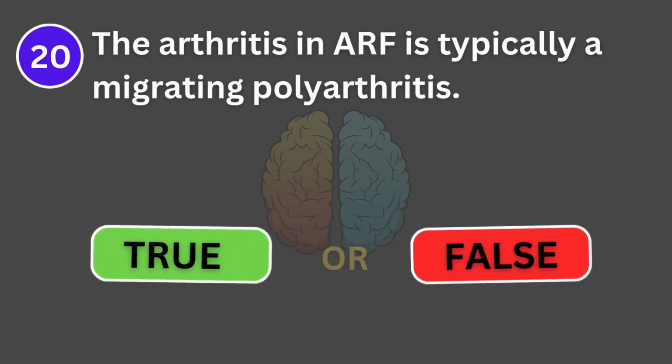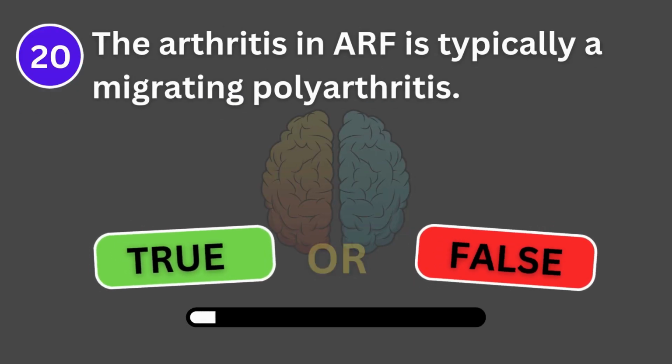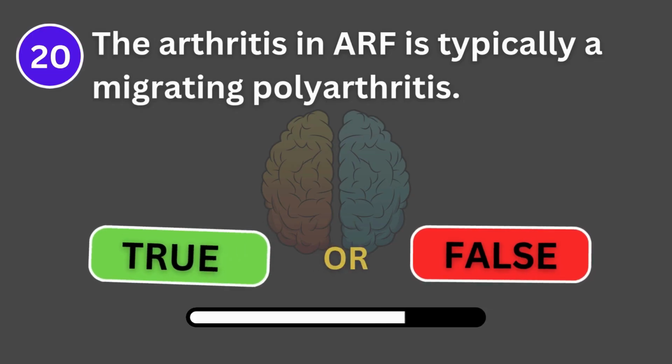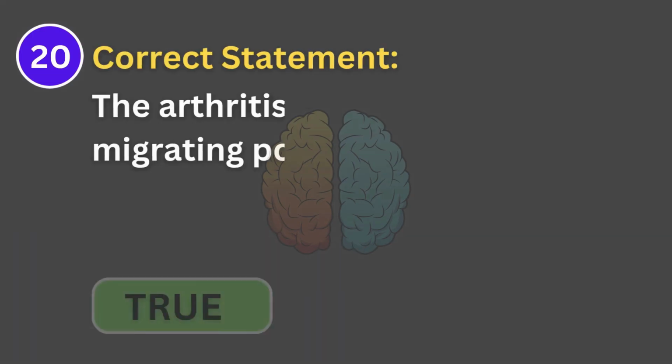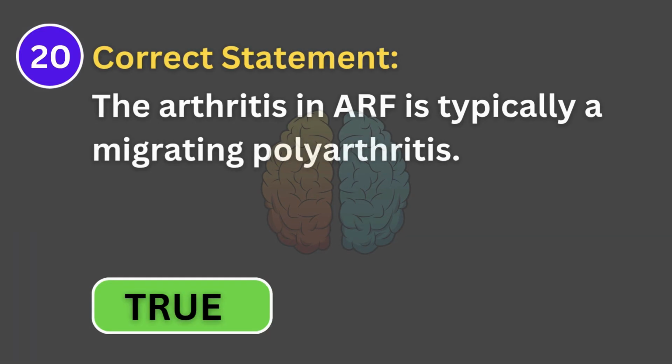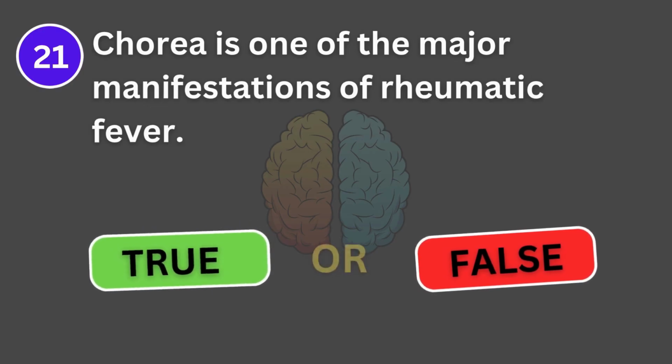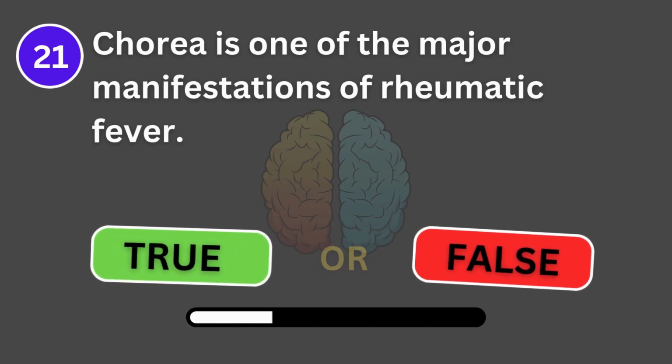The arthritis in ARF is typically a migrating polyarthritis. Chorea is one of the major manifestations of rheumatic fever.